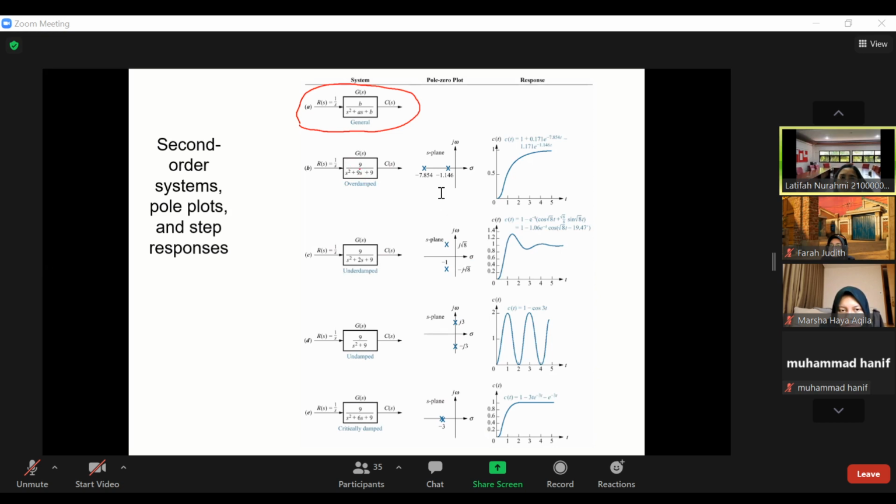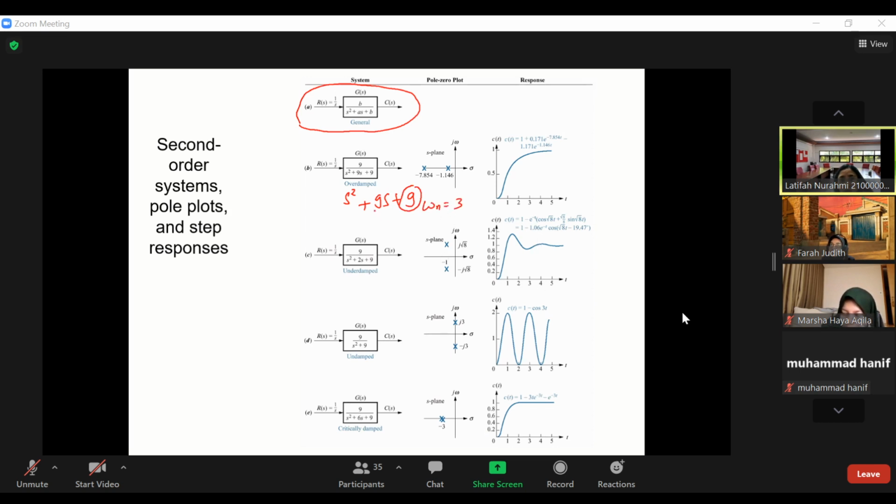Okay, now this is s squared, so the characteristic equation now is s squared plus 9s plus 9. What is zeta here? You know how to find it, right? You always count from here first, then omega n is 3.